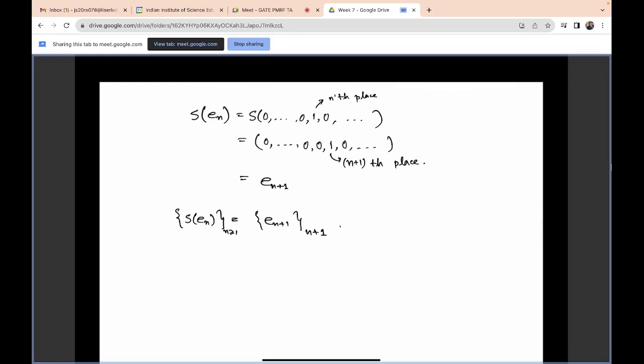So we will show that En plus 1 for n greater than or equal to 1 does not have any convergent subsequence.